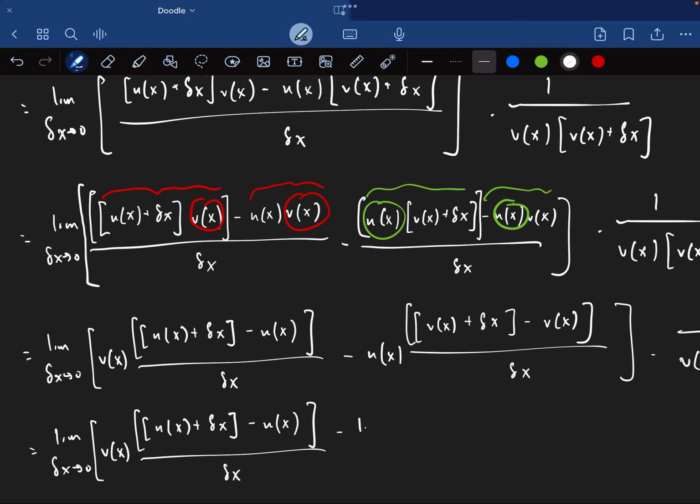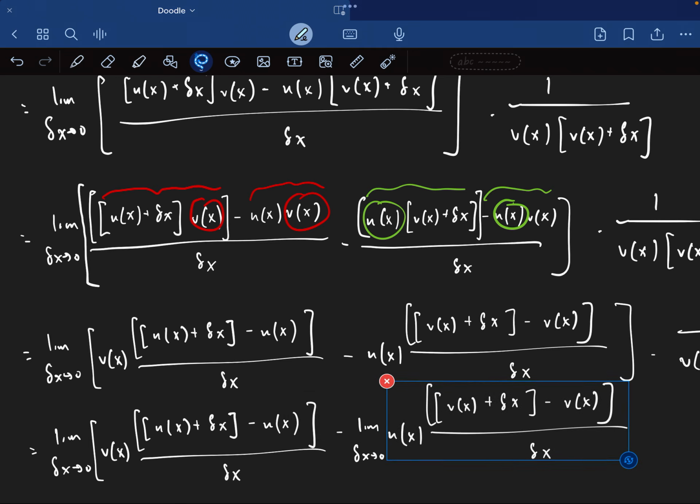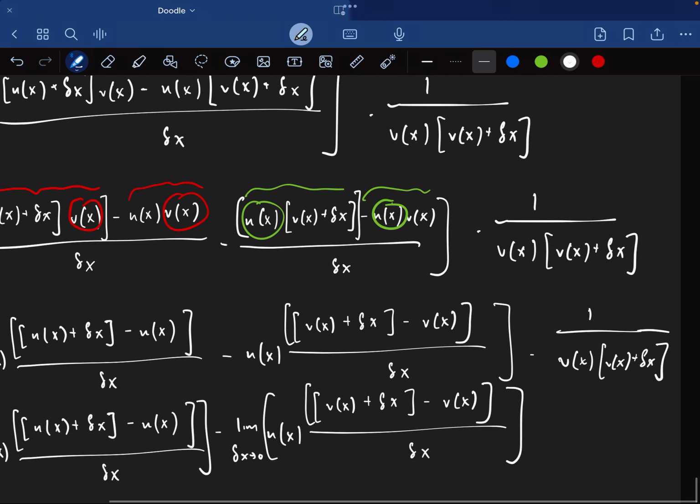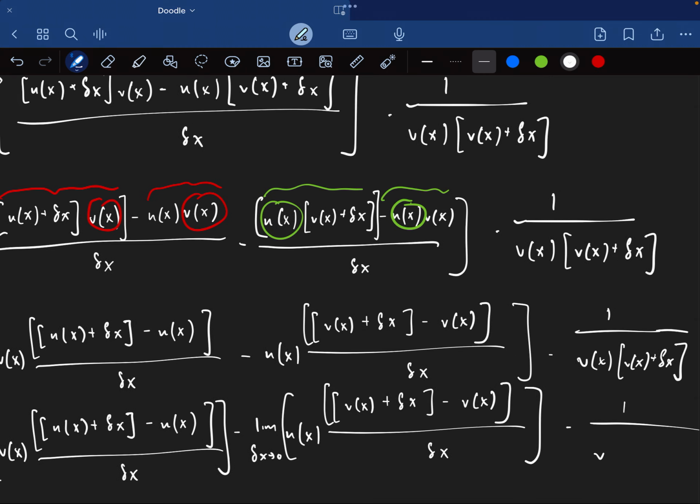Then minus this limit. And then this is by itself.